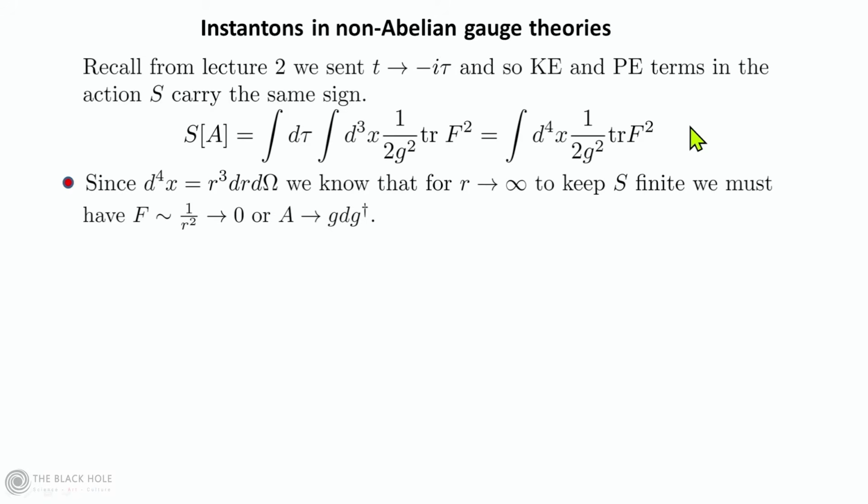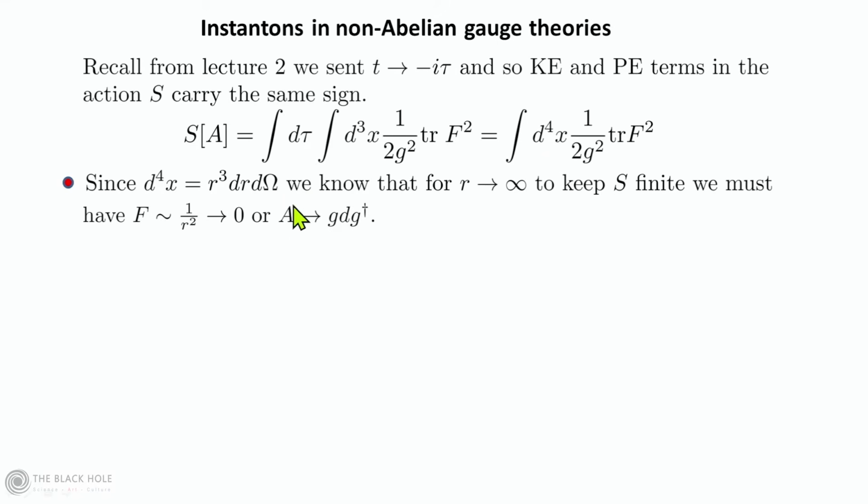Here is now something important. You see, this integral over here will diverge unless F goes to 0 at infinity. And now if you write d^4x in polar coordinates, well, it's the magnitude of x cubed, dr, d omega.